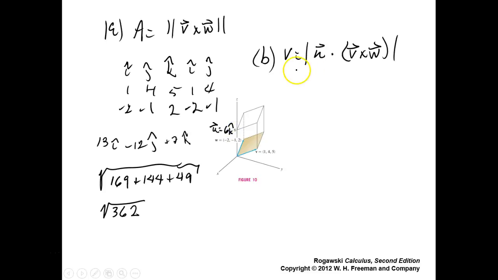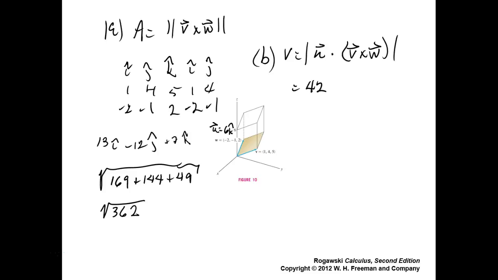Okay? So we're going to dot 6K with this one. That turns out pretty easy, doesn't it? 0, 0, 6. I'll do the 0, 0 part. You do the 6, and that gives us 42 cubic units of whatever it is. And that's it exactly.